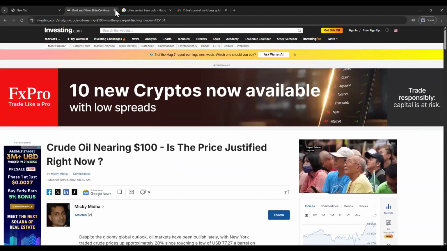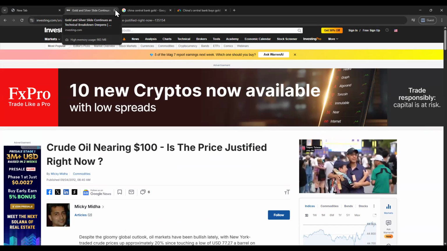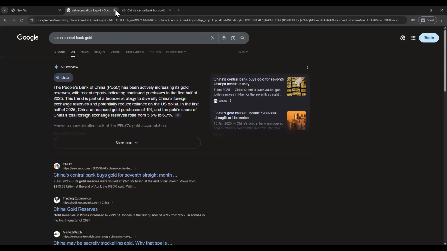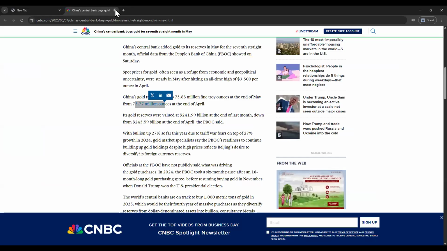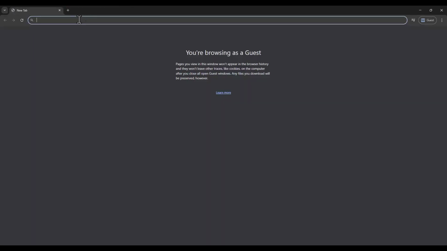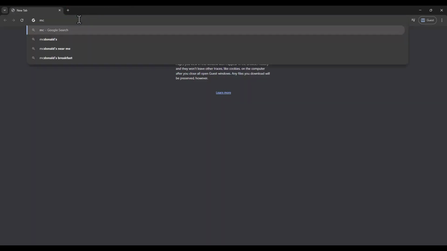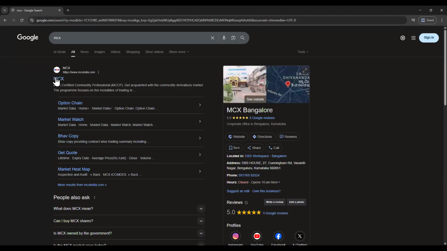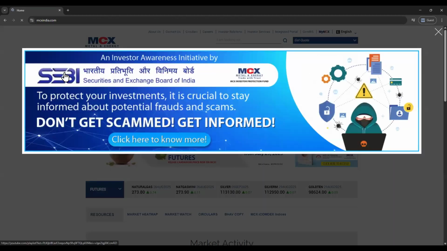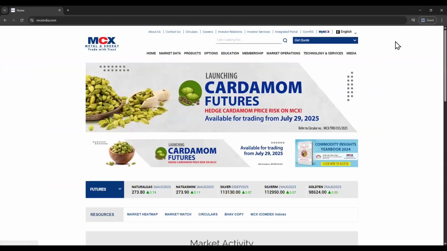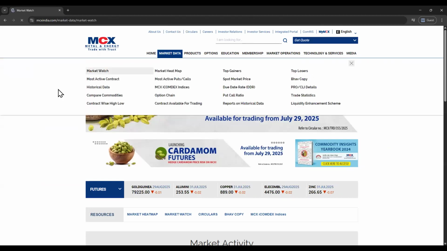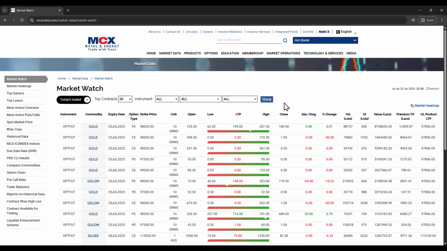In fact, in investing.com also we can have it, but let me show you for MCX. Last week it was not opening properly, I believe it was under maintenance. Let's hope we are able to get the data. Now it's opening properly.